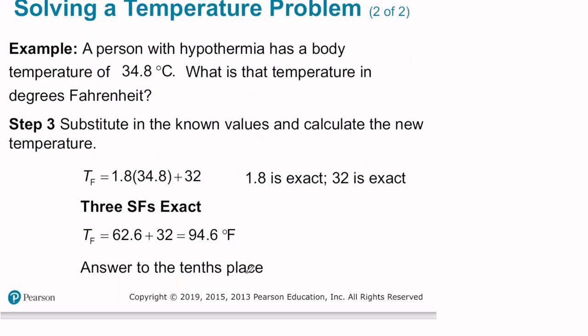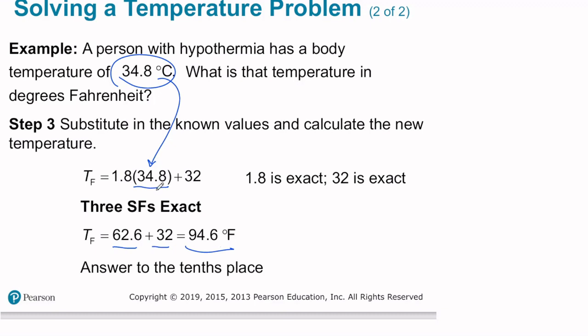Let's plug in our value of 34.8. We're going to plug that in for the degrees Celsius. The temperature in Fahrenheit is equal to 1.8 times 34.8 plus 32. So the temperature in Fahrenheit is equal to 62.6 plus 32, which is 94.6 degrees Fahrenheit.